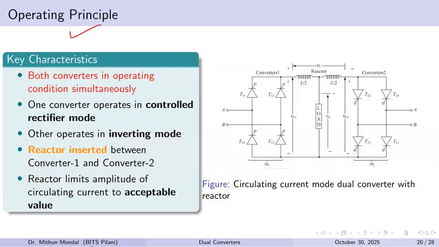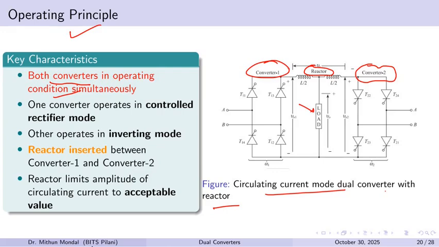Now the operating principle for the circulating current mode dual converter with the help of a reactor: both the converters are operating simultaneously. We have converter 1 and converter 2 connected anti-parallel, and there is a reactor connected between converter 1 and converter 2 along with the load.